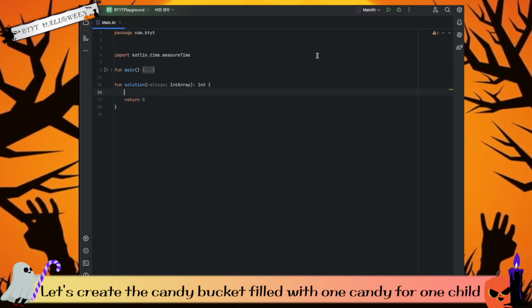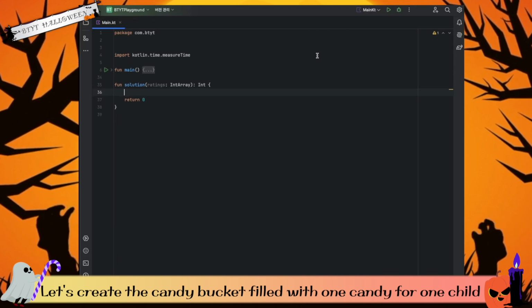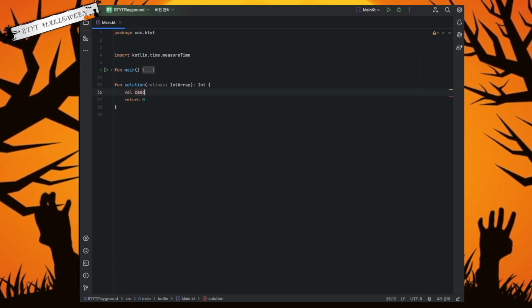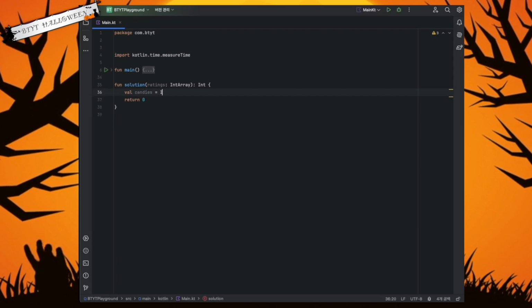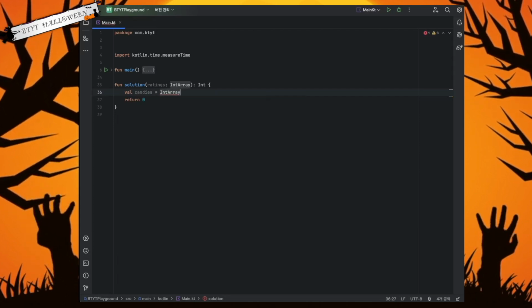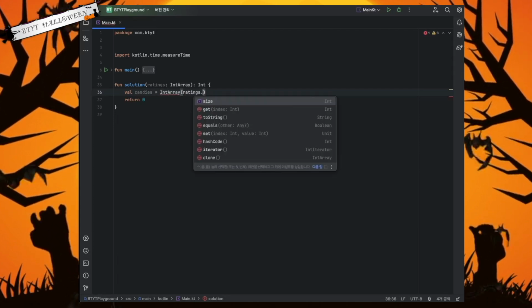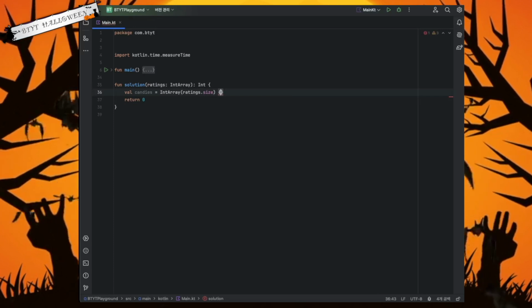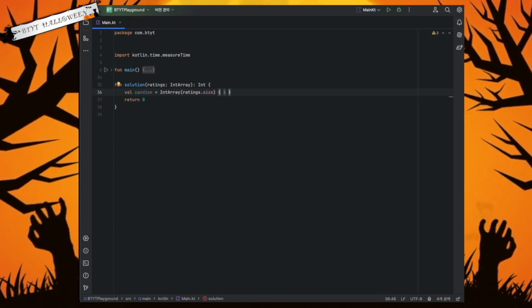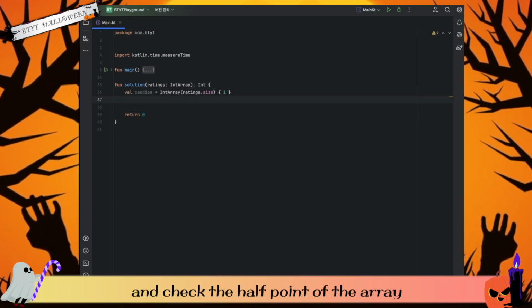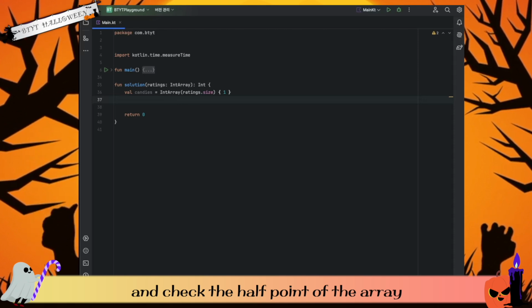Let's code it up. Let's create a candy bucket filled with one candy for each child. And check the half point of the array.